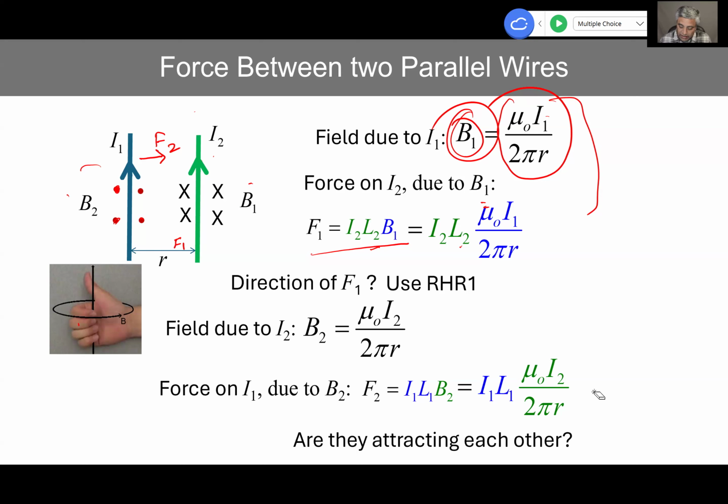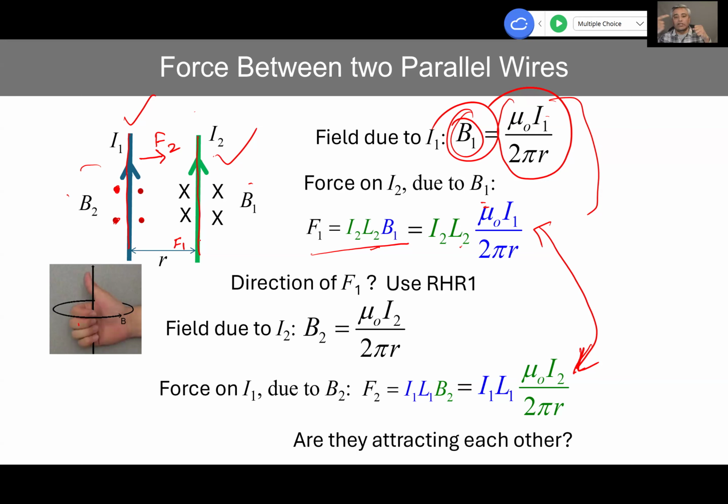If they have the same length, the value of the force is going to be the same. If these two wires have the same length, everything else is the same, and only the length is different. So if the wires have the same length, the values of the forces are also going to be the same. It's equal and opposite.